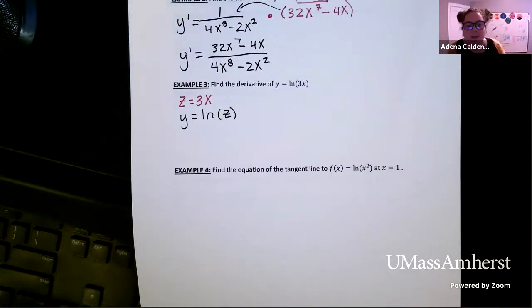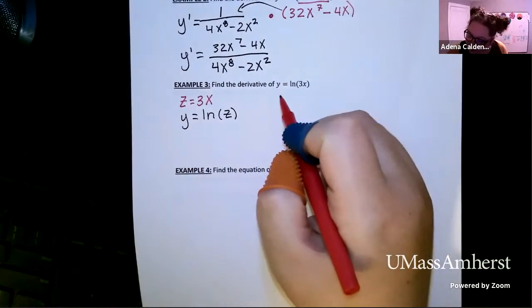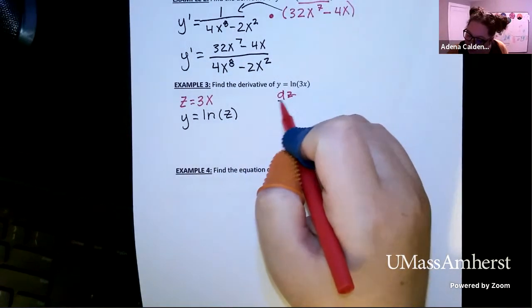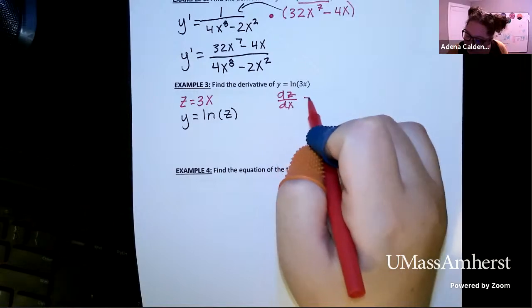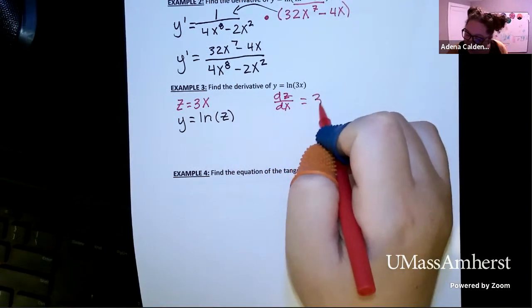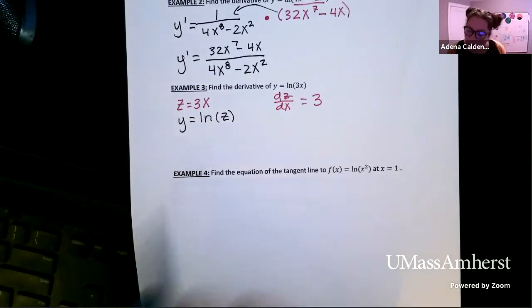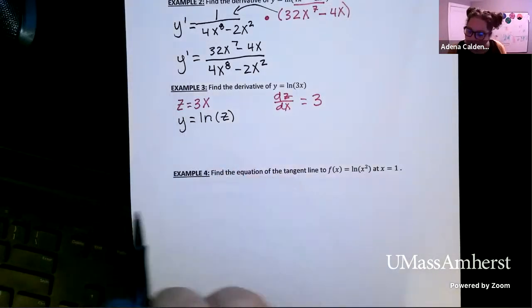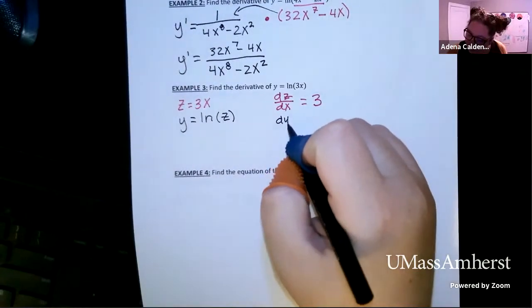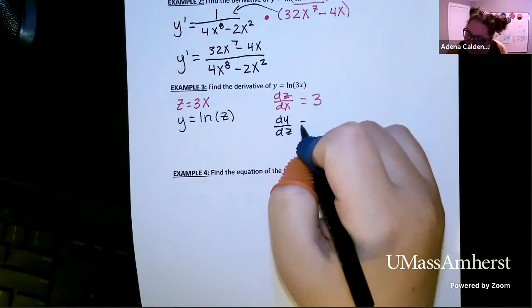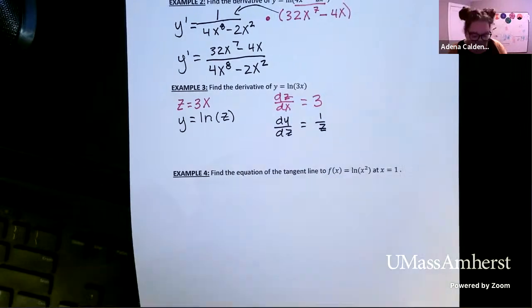So if we do our z substitution, our z is whatever's in the argument, which is 3x. We need to take the derivative of that. So dz dx, the derivative of 3x is 3. Then we rewrote our y as the natural log of z because of our substitution. So dy dz is 1 over z.